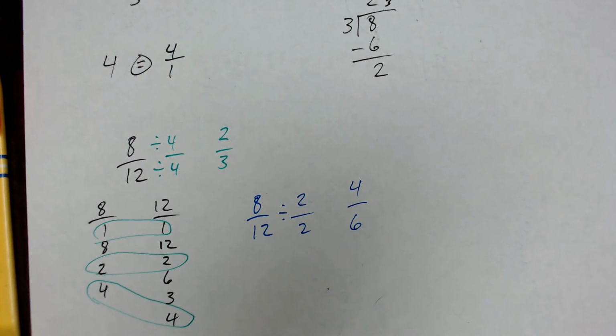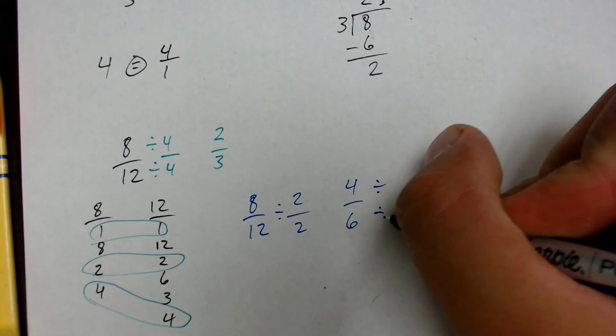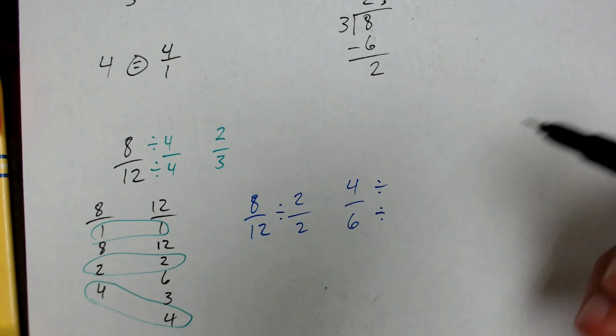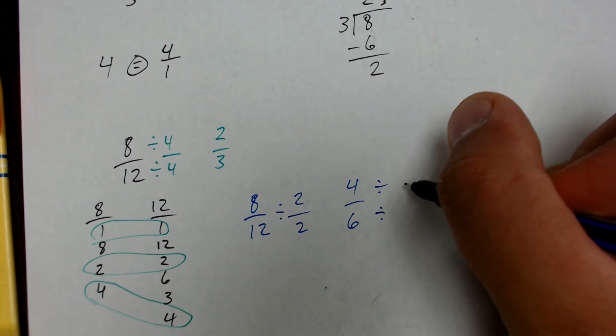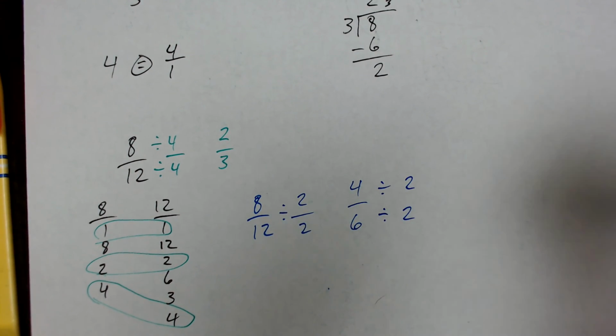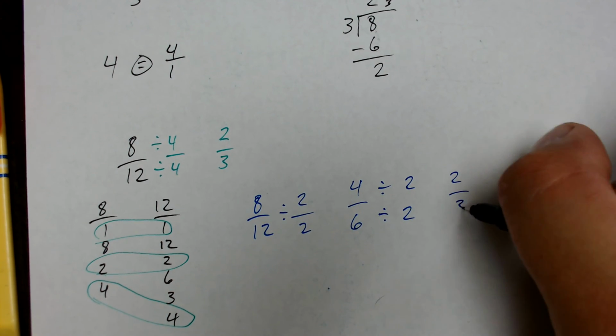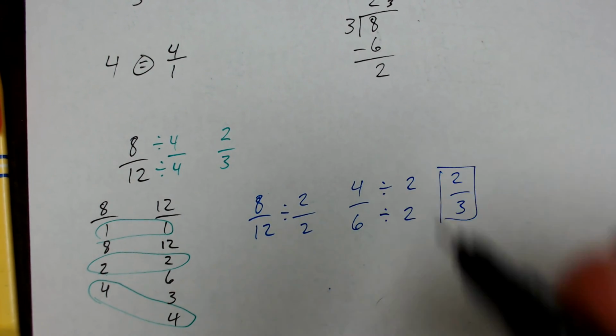Is this fraction completely reduced? No, not yet. I would still have to reduce or divide by another common factor. In this case, the only common factor between 4 and 6 is 2, so I divide by 2 again. Well, 2 and 1, but we're not going to use 1. 4 divided by 2 gives me 2, 6 divided by 2 gives me 3, and then I have the final answer again of 2/3.